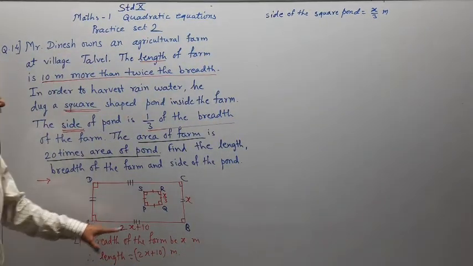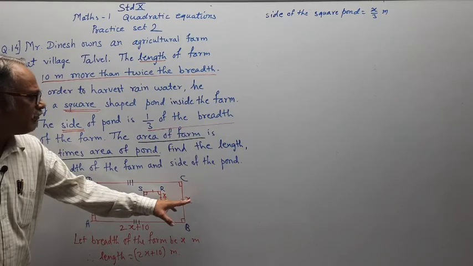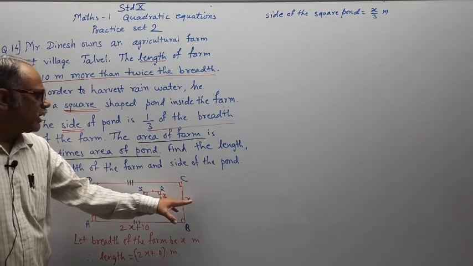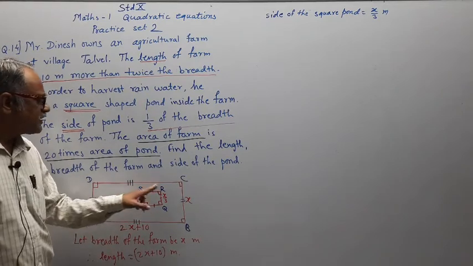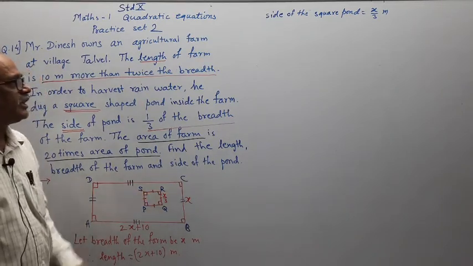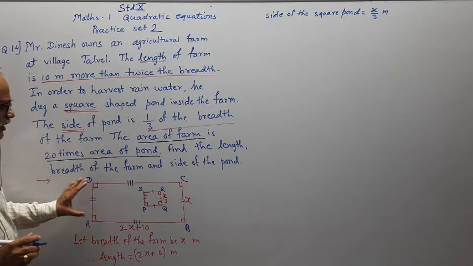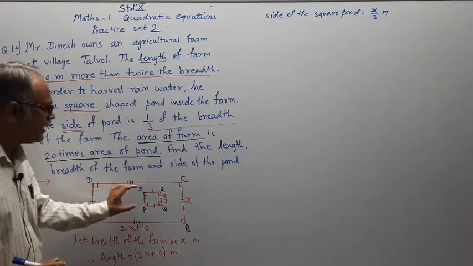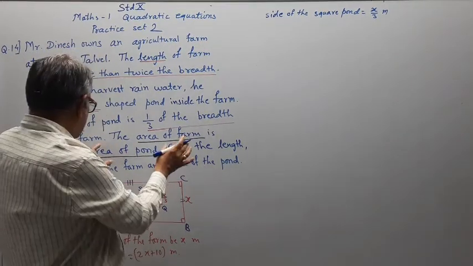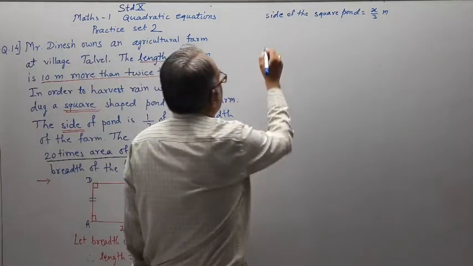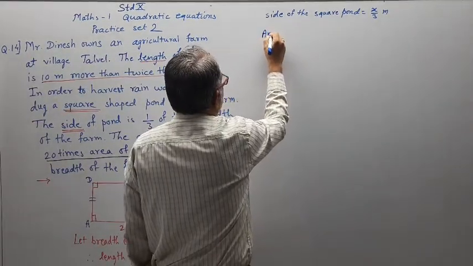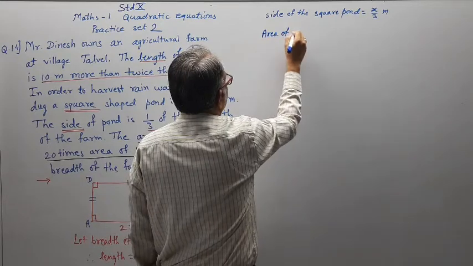So considering only the breadth of the farm x, we got length 2x plus 10 and side of the pond x by 3. Now we have to find first the area of the pond, second the area of the agricultural farm, and then use the condition of 20 times.